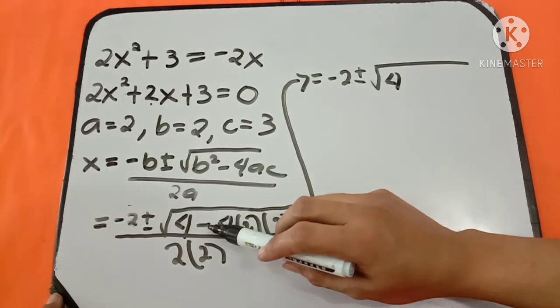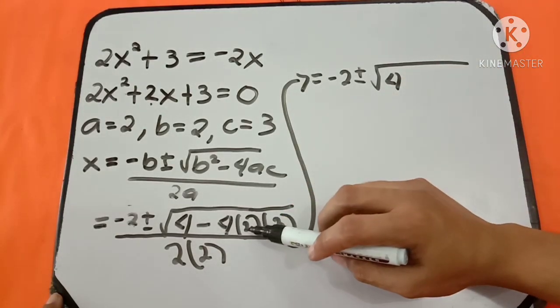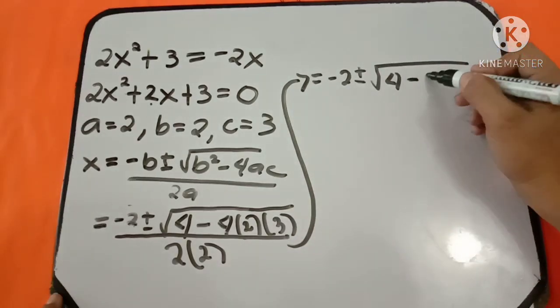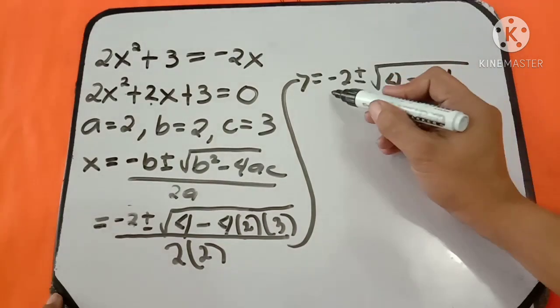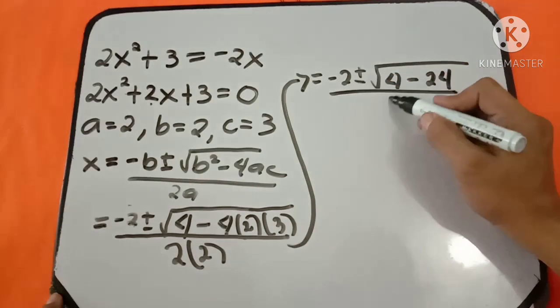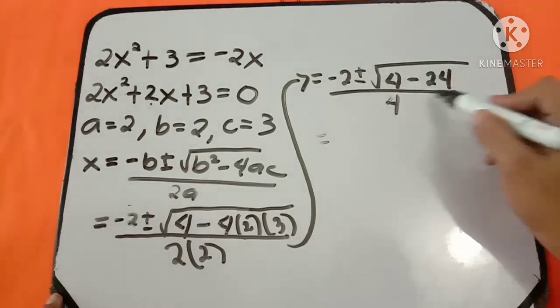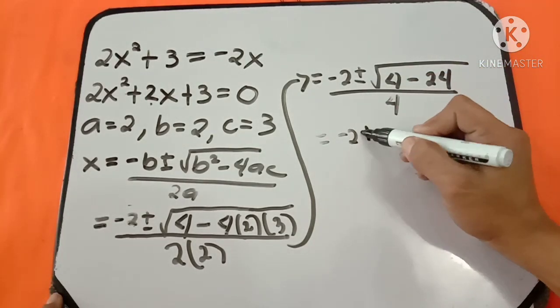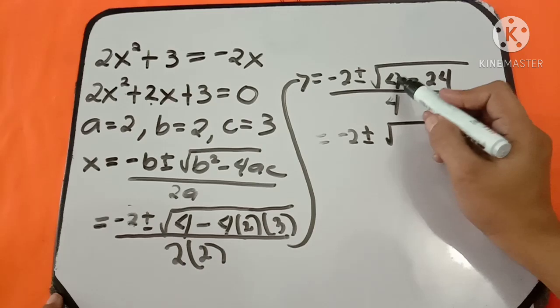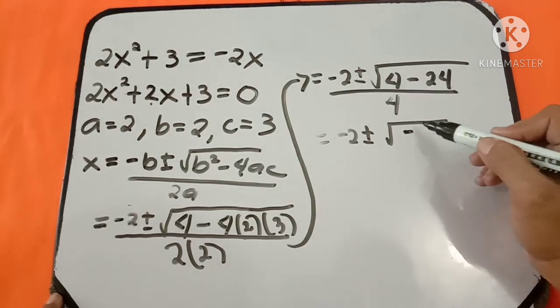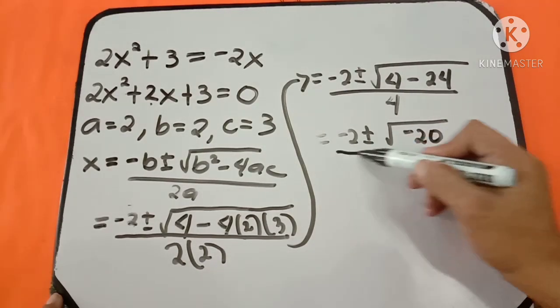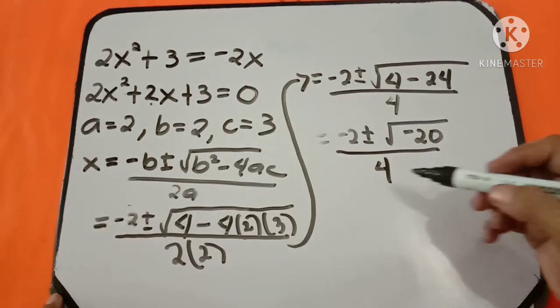Then negative 4 times 2 is negative 8. Negative 8 times 3 is negative 24. Then divided by 4. Then evaluate also the term inside the radical. So 4 minus 24 will give us negative 20 all over 4.